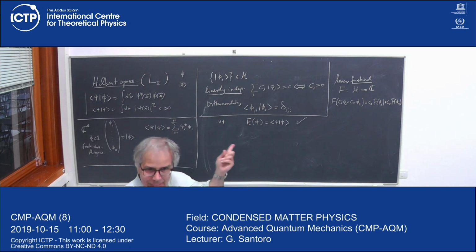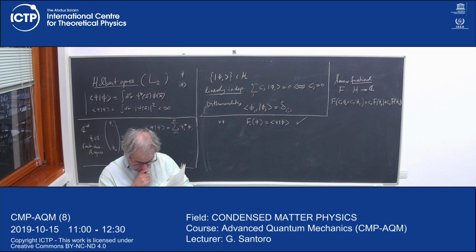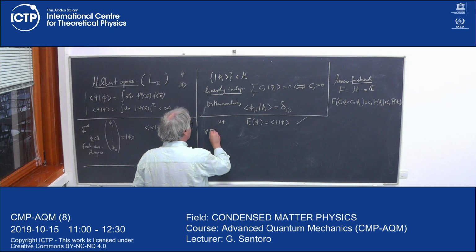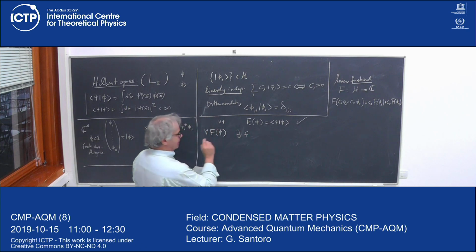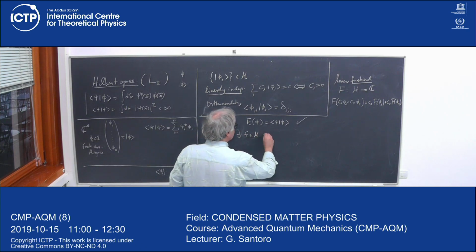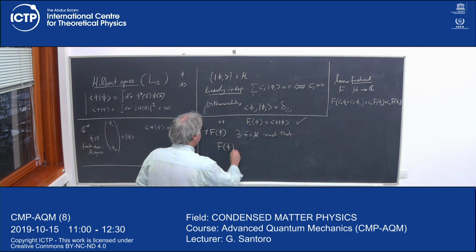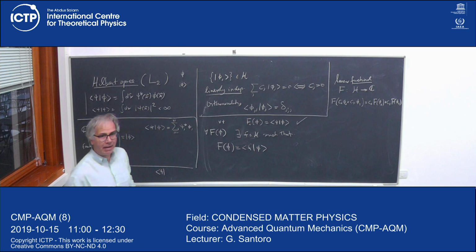So these things that you have seen somehow exhaust the possibilities of linear functionals. Whatever functional f, there exists some vector f in the Hilbert space such that you can write f of phi as the scalar product of f with phi.